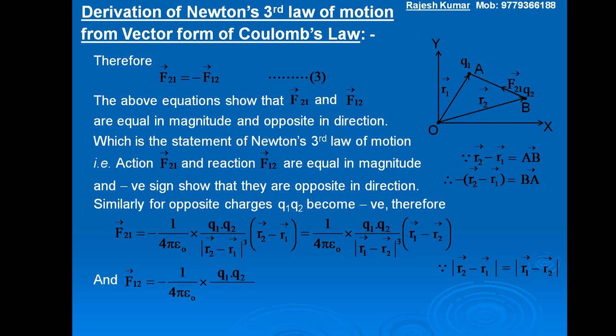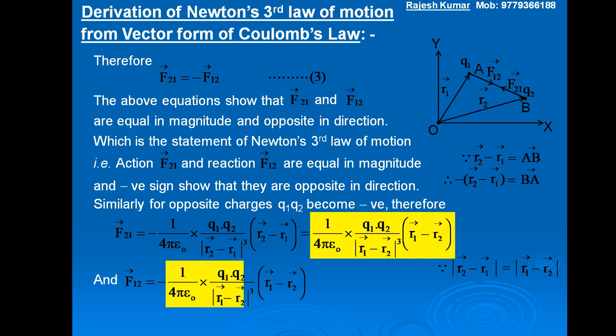And F12 force, that is electrostatic force on Q1 due to Q2, is equal to minus 1/4 pi epsilon naught, as Q1 into Q2 becomes negative, into Q1 into Q2 upon mod cube of R1 vector minus R2 vector into R1 vector minus R2 vector. Again, see in the diagram, the direction of F12 vector is along A to B.